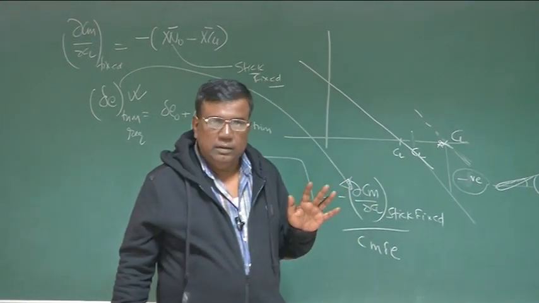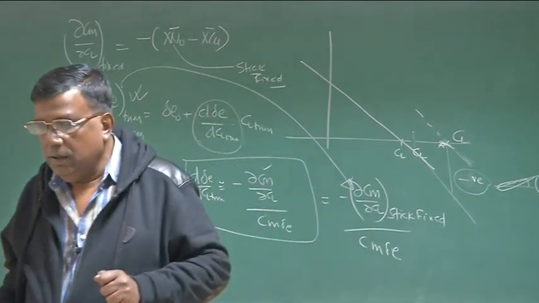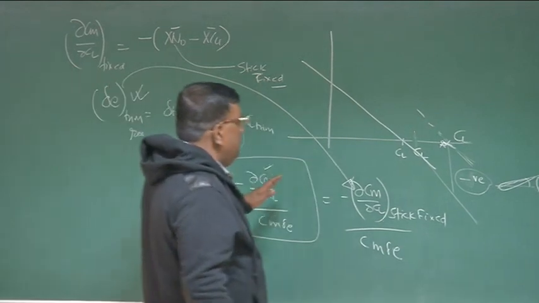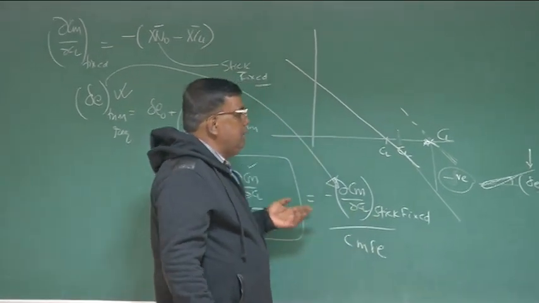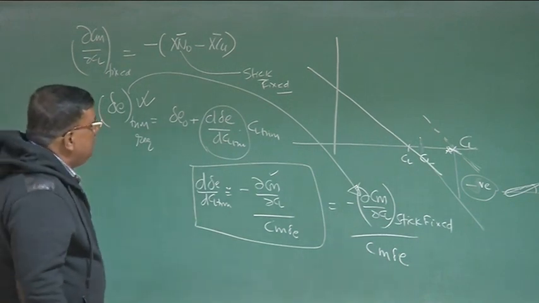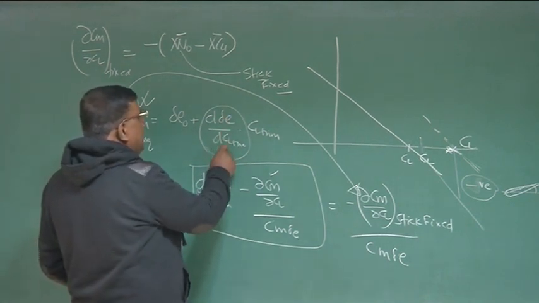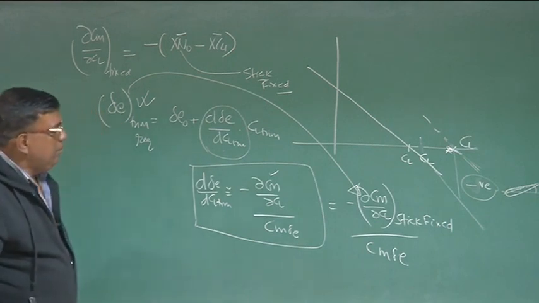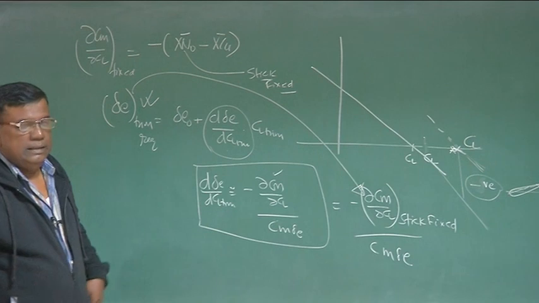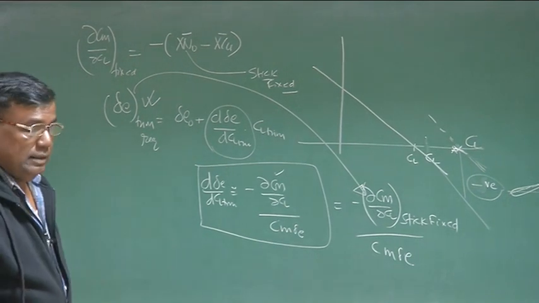As simple as that. You should understand that, and you should not start thinking of whether to use dCm by dCl free or not. Delta E required is governed by this dCm by dCl fixed, through this expression. We need to also understand what is the physical meaning of d delta E by dCl trim. Many times I write it as d delta E by dCl, but you understand that is d delta E by dCl trim.